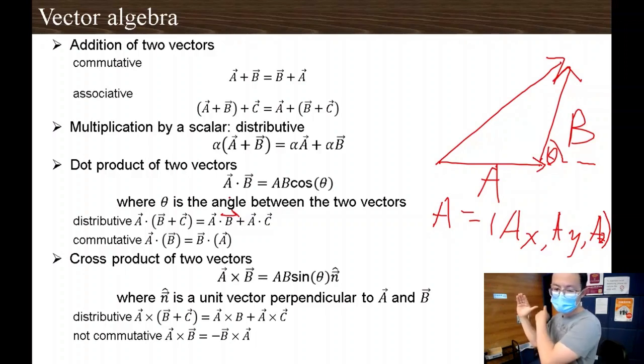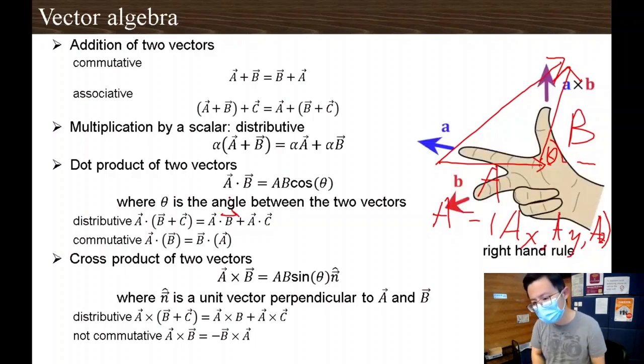The final vector will be pointing out of the screen. To know why it is pointing out of the screen instead of into the screen, well, it's a convention, and this is the right-hand rule.